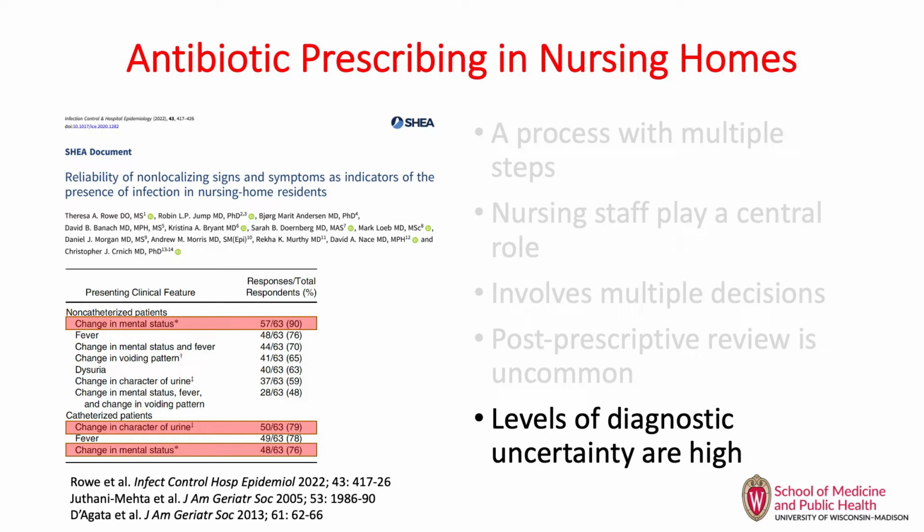But there's a lot of other things that could be driving that change in condition. And again, this has been shown in study after study after study that it's the minor behavioral changes that usually trigger concern for UTI and lead to the urine culture and lead to the antibiotic.